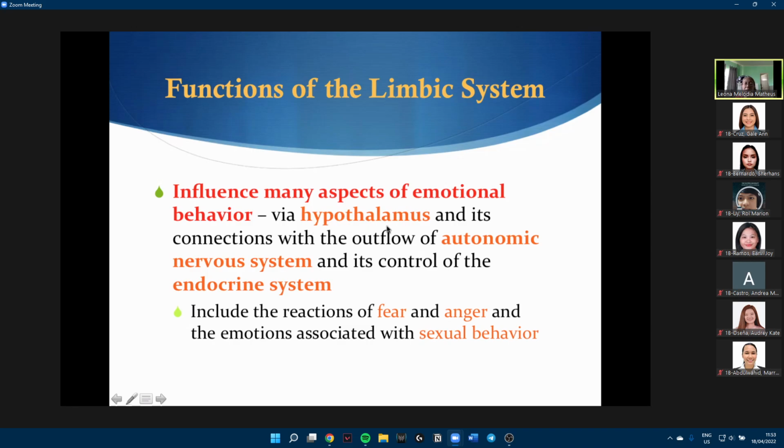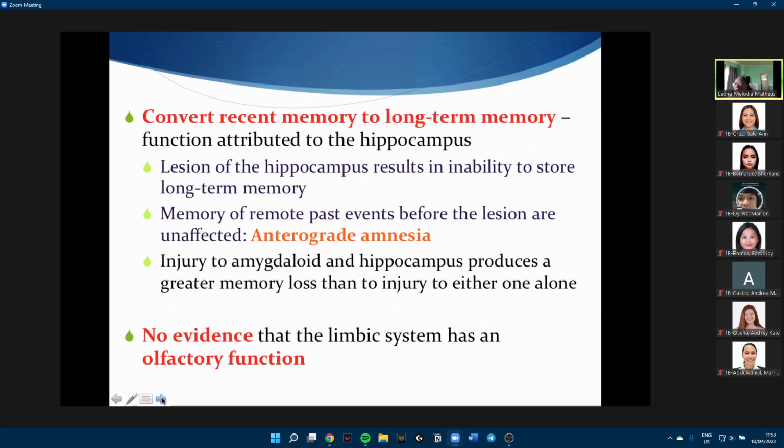Hypothalamus of the diencephalon, the autonomics, and lastly, the endocrine. It says that it includes the reactions of fear and anger and the emotions associated with emotional behavior. With sexual behavior.